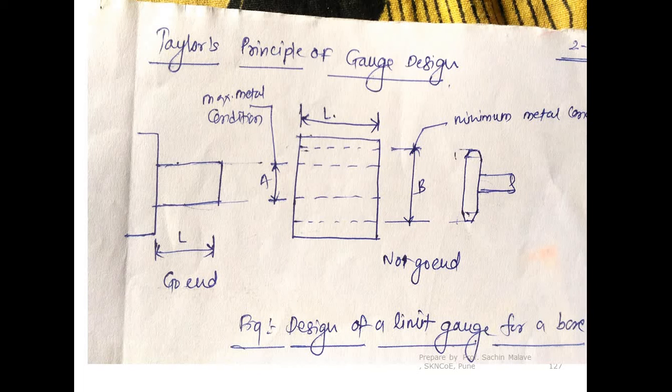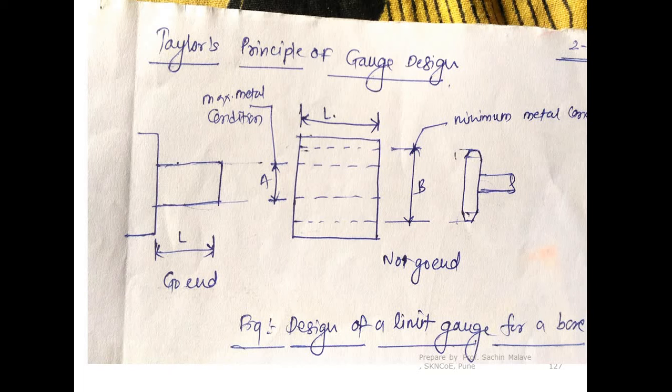We have discussed in the last lecture also how to decide whether the hole you have manufactured is okay or not. What is the basic principle? We have discussed that whenever we are checking the components with the help of limit gauges, two conditions have to be satisfied simultaneously.